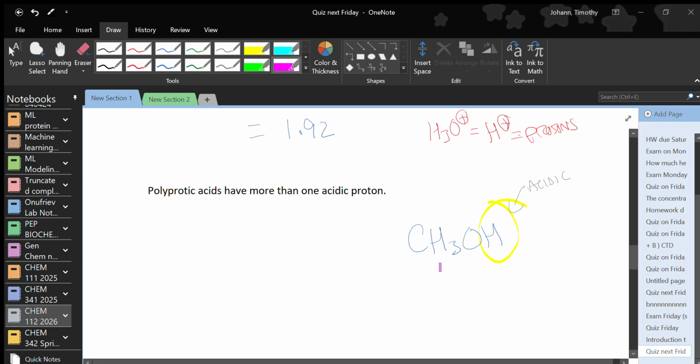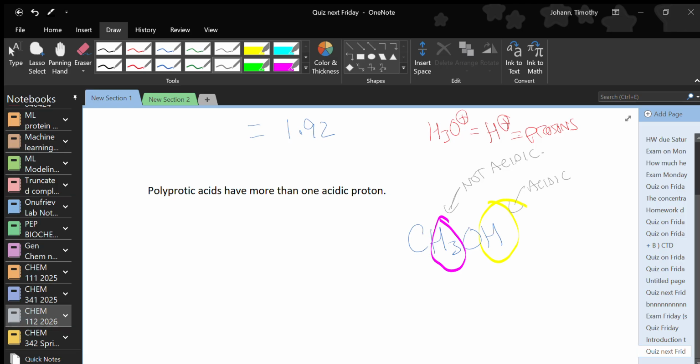And then these are not acidic, they don't come off. You'll figure out in organic chemistry how to take things like that off, but it's really harsh conditions. Not gen chem conditions, and certainly, as a biochemist, not biochemical conditions.